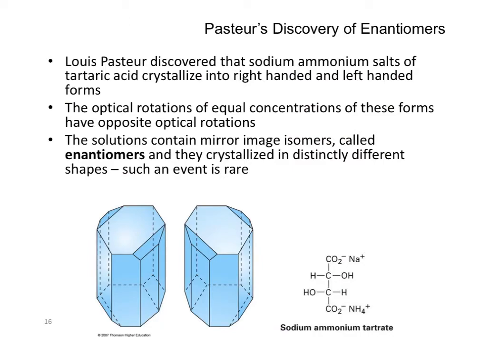Before even Biot's work was done, Louis Pasteur was actually the first one who had discovered the sodium ammonium salts of tartaric acid, which crystallized into their right-handed and left-handed forms. And this is a very distinct but really rare behavior, that the two kinds of crystals that were obtained were non-superimposable mirror images.